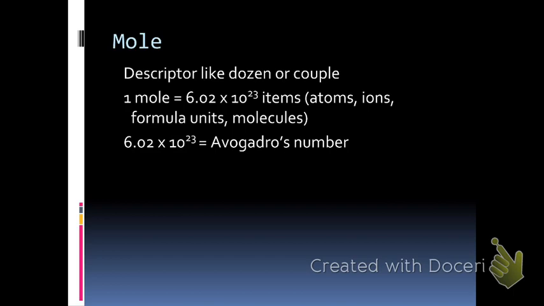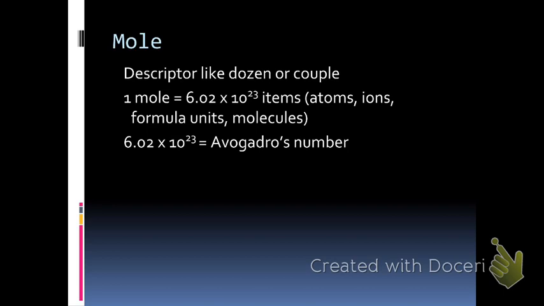We need such a big number because the atom is so small, we need quite a lot of atoms to even get to the amount that we use in the lab. We never use one atom; the tip of your pencil probably has billions of atoms.